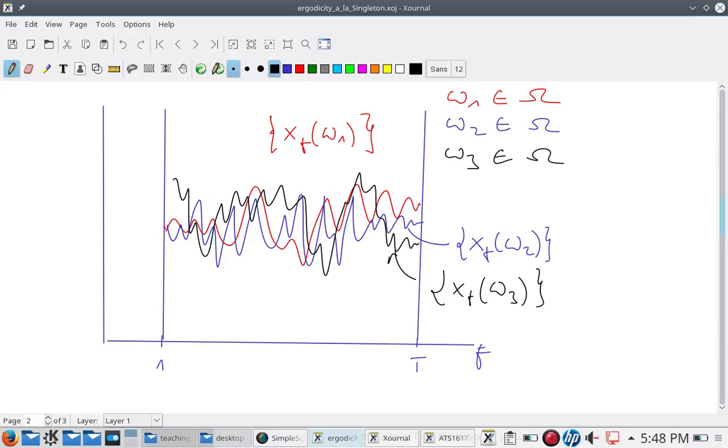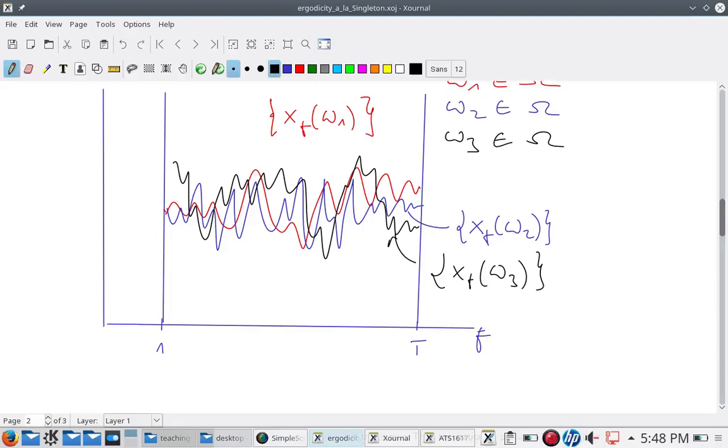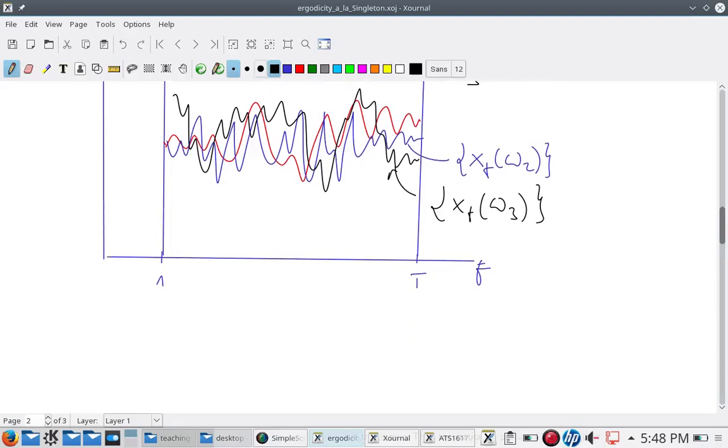Well, per construction, or as an idea, omega 1, omega 2, omega 3, and so forth, would be elementary events. They are part of the big omega, of the sample space.